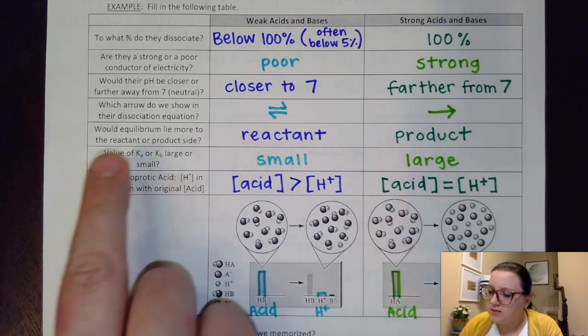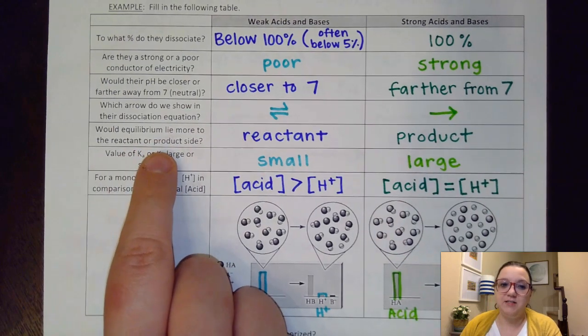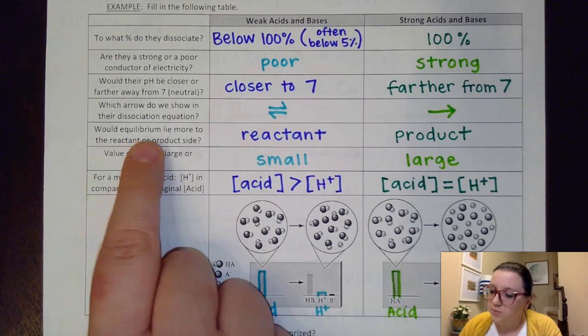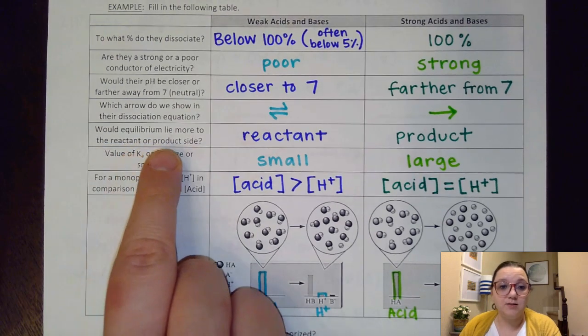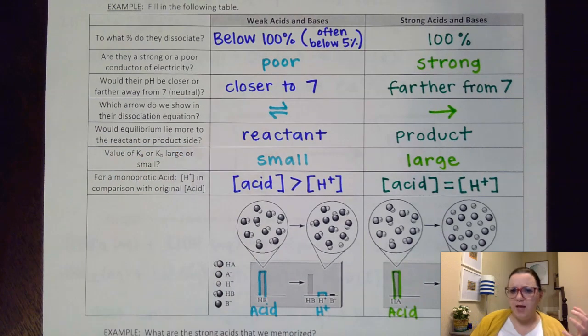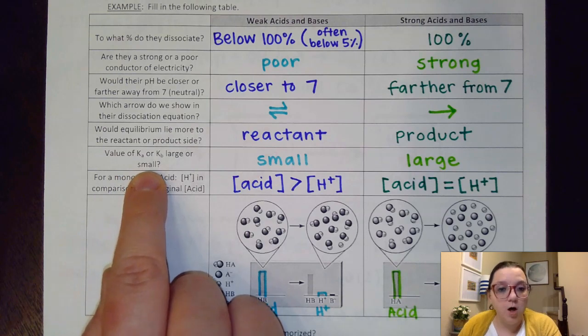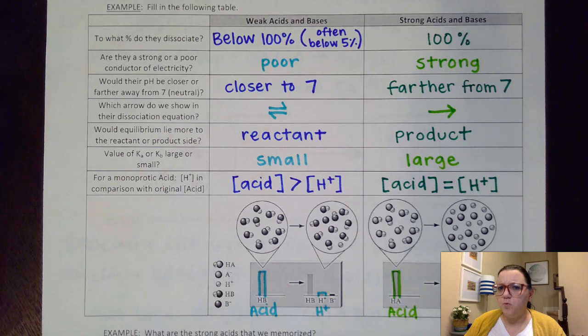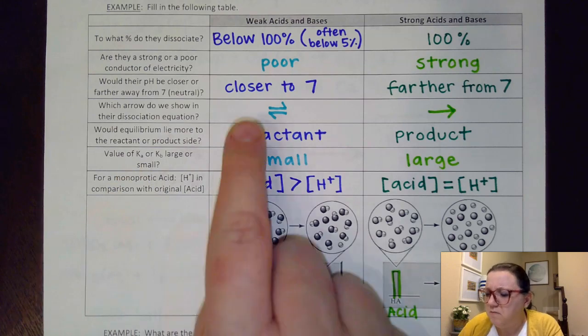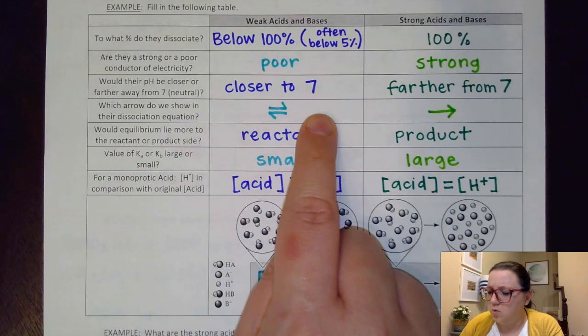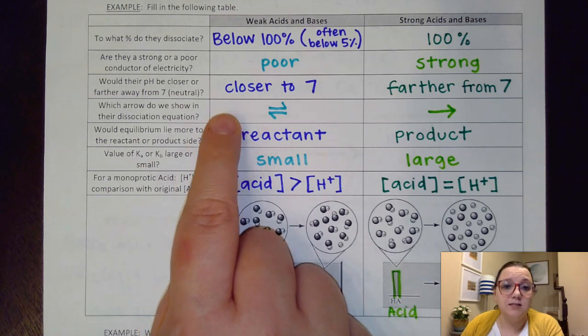Now, these next two questions work in tandem with each other. Would equilibrium lie more to the reactant or product side? Basically, do I have more reactants or more products at equilibrium when they're dissociating? And also, is the value of the Ka or Kb large or small? Remember, for a weak acid, if it's dissociating, very little of it is making product, so most of it would stay on the reactant side.